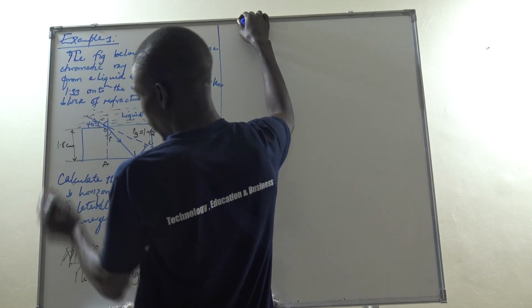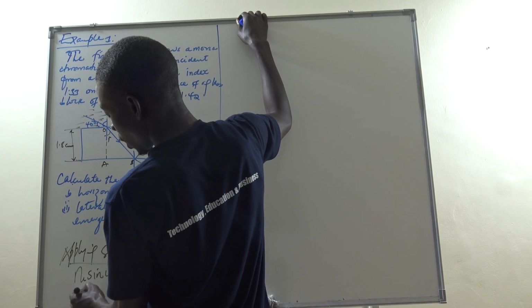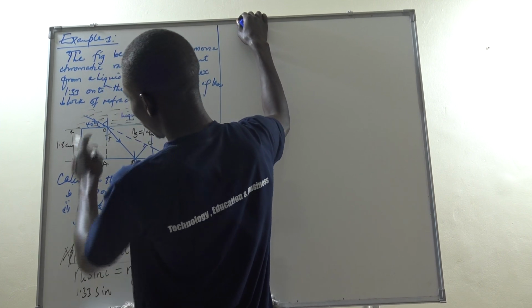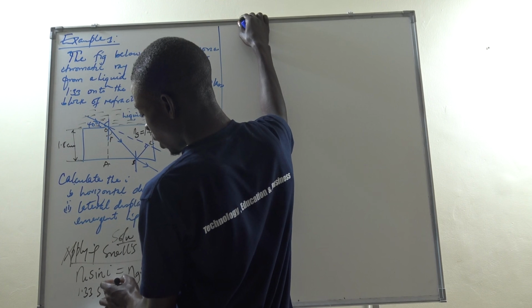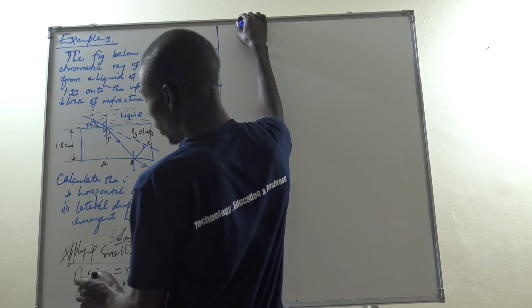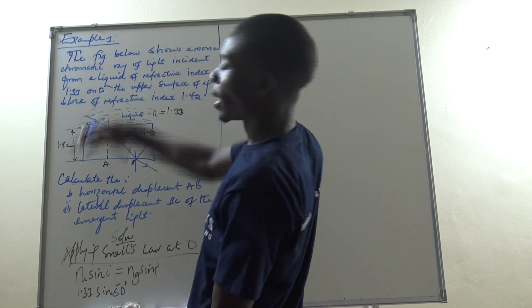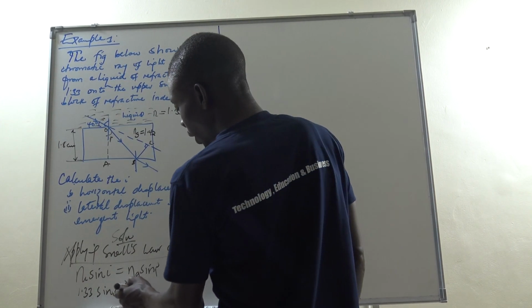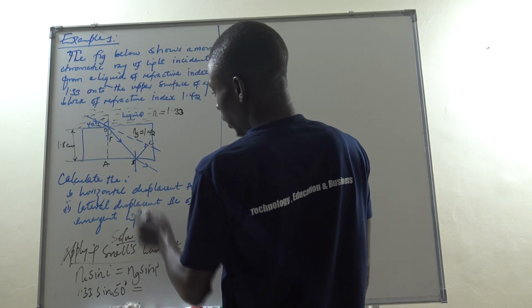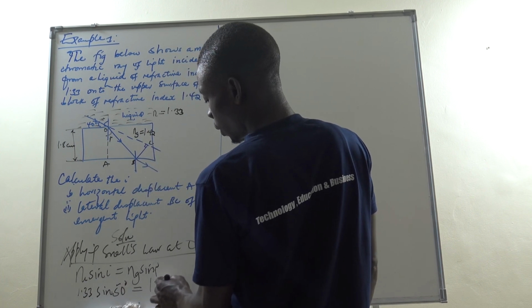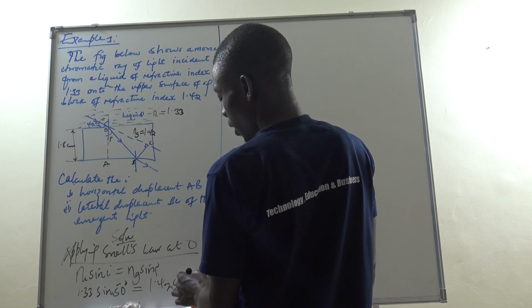Because it's coming from liquid, 1.33. Sine of the angle here should be 50, isn't it? Angle I is supposed to be the other upper angle, so say 90 minus 40, equaling to the refractive index of glass 1.42 sine R.